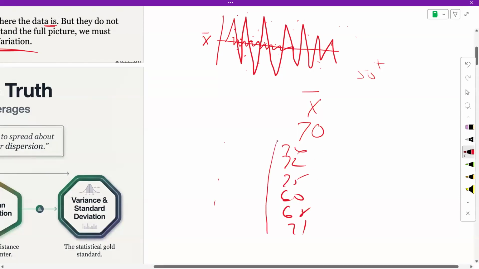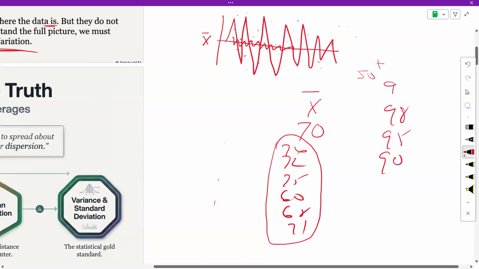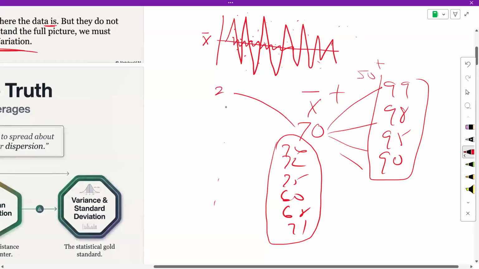So these values are very close to the mean. And also there are students who may get marks 90, 95, 98, 99. So it is far more varied from the mean value. This is plus. And there are students who may get 2 marks, 5 marks, 6 marks, 9 marks, 10 marks.